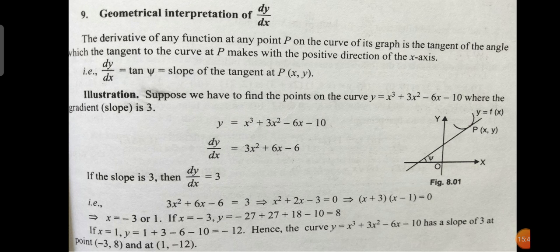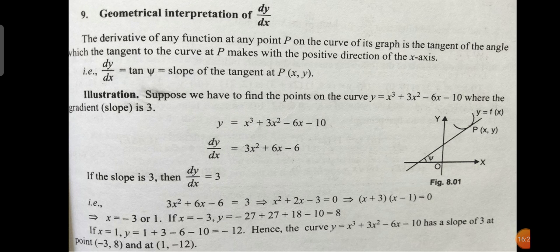The derivative of any function at a point p on the curve of its graph is the tangent of the angle which the tangent to the curve at p makes with the positive direction of the x-axis. That is the slope of the tangent at p of x y, that is dy by dx, tan psi.